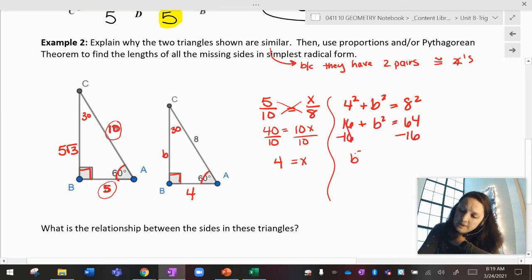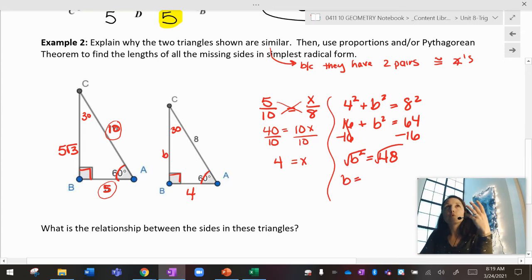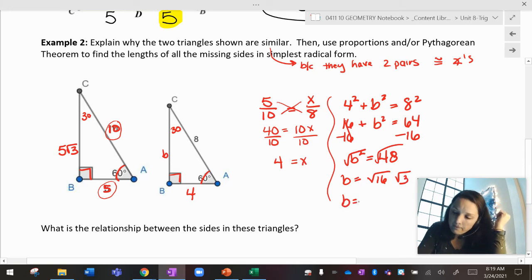Subtract the 16. You get 48. Take the square root. And then I say, okay, what perfect square goes into 48? 48 is 16 times 3, which is 4 root 3.